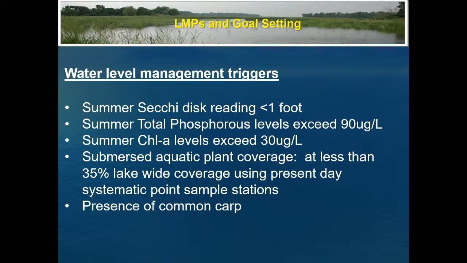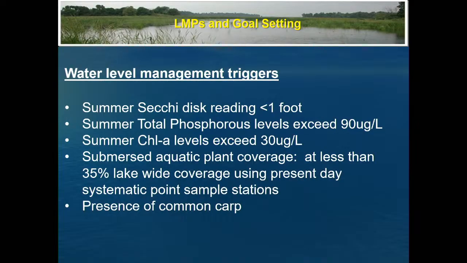But water clarity is a big one. We want to be better than a foot deep at least. Phosphorus and chlorophyll A are MPCA standards that they're looking for. A big one is submerged aquatic plant coverage. We like to see half the lake covered in vegetation.